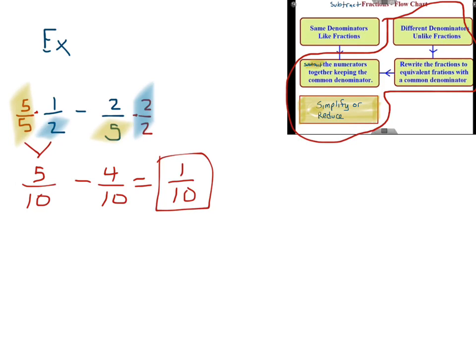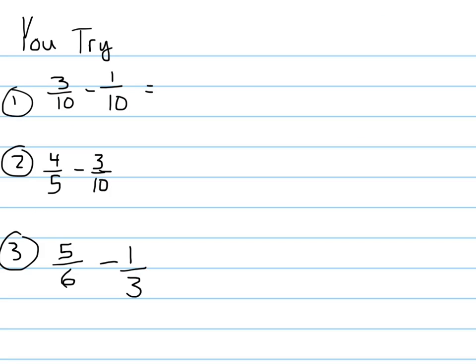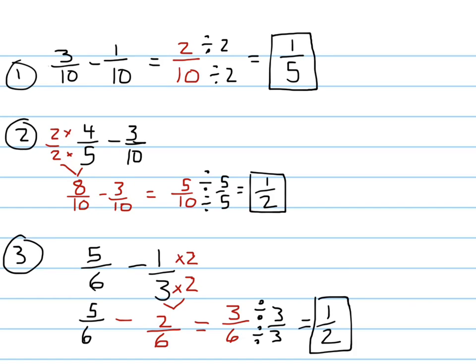Alright, so now I'm going to have you guys try some. So you try these 3, and I'll pause it here. Alright, here are the answers. If you're stuck, try and follow the steps here. I'll pause it here. If you got anything wrong, you should be rewriting this and rewriting it right.